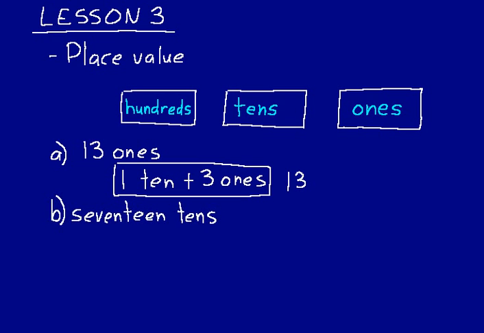Look at practice problem B. 17 tens. Let's try to write that in expanded form. Remember what we mean there: we want to find the simplest way to represent 17 tens. Get 17 tens out and stack them on the tens bar on your place value template.